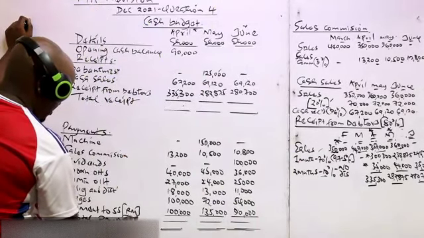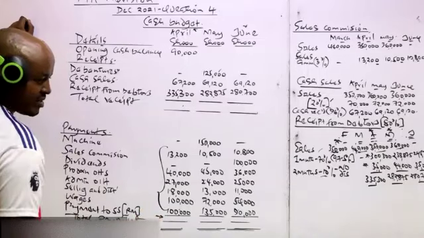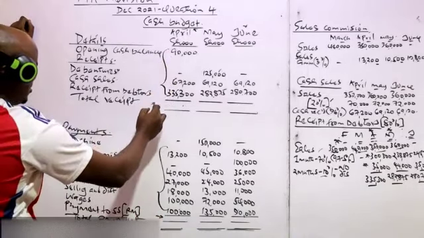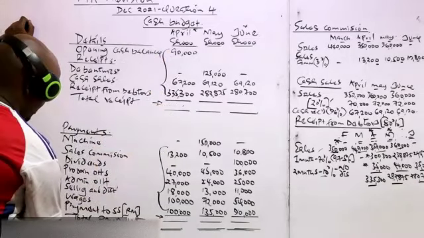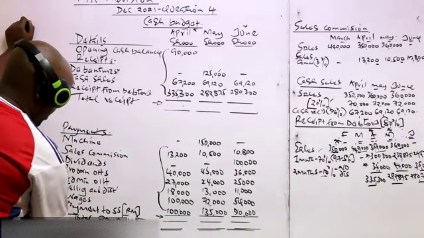I don't think we have any problem with that. So add all this, record the total here, and then you add all this, record the totals here, and then you get the closing cash balance.